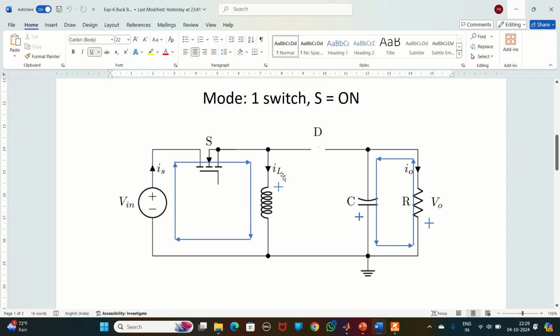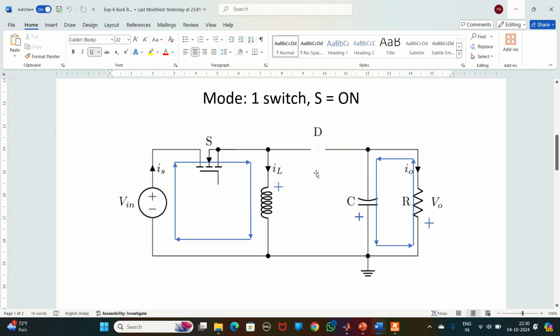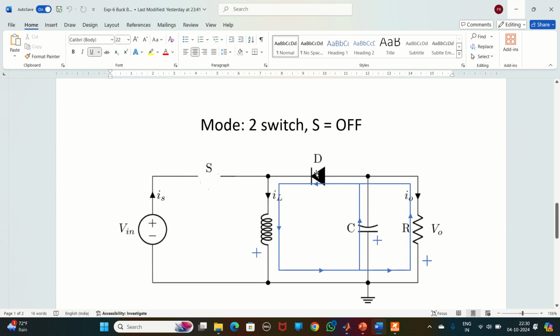When the inductor is charging, you are going to get a positive voltage across the diode. This is the reason why it will be in reverse bias mode, so the diode will not conduct. It will act as an open switch. Clear?